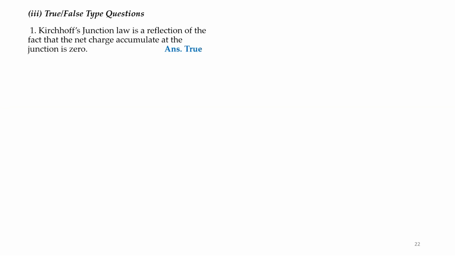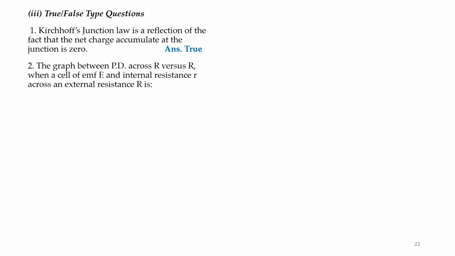True or false type questions. Kirchhoff's junction law is a reflection of the fact that net charge accumulated at the junction is 0. So the junction law is true. The graph between potential difference across R versus R, when a cell of EMF E and internal resistance r is across the terminal, is false.